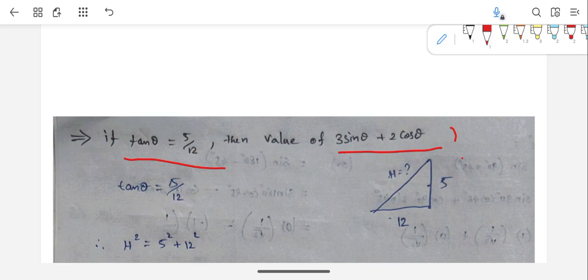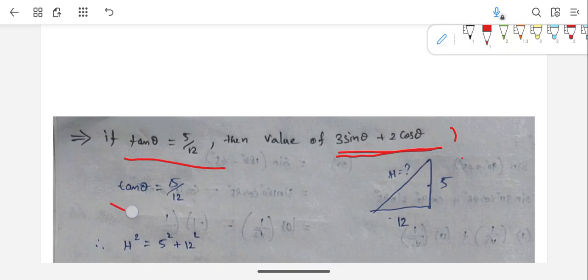First thing you understand is that you have tan theta equal to 5 by 12. Keeping this, you need to find 3 sin theta plus 2 cos theta. For this expression, you need the value of sin theta and cos theta first.